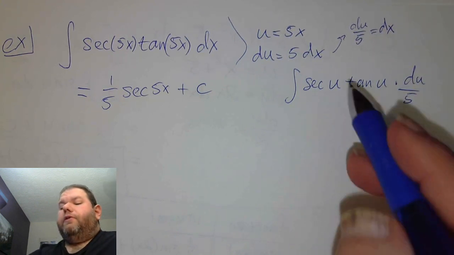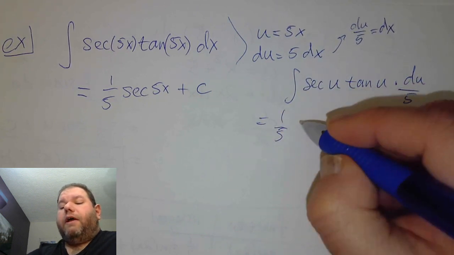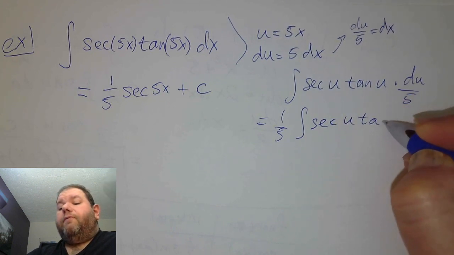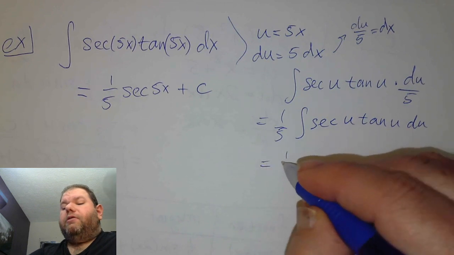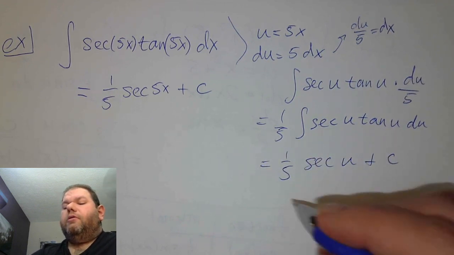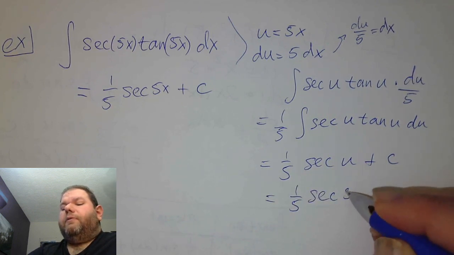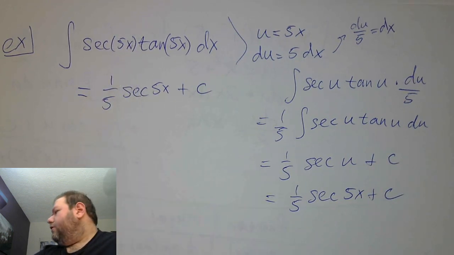And so secant tangent, we know, is just the integral of that. It's just going to be secant, or hopefully we know. Maybe that's one thing we need to work on. Well, we look at this and we see how much work we've actually saved just going from there to there, just by recognizing that pattern.